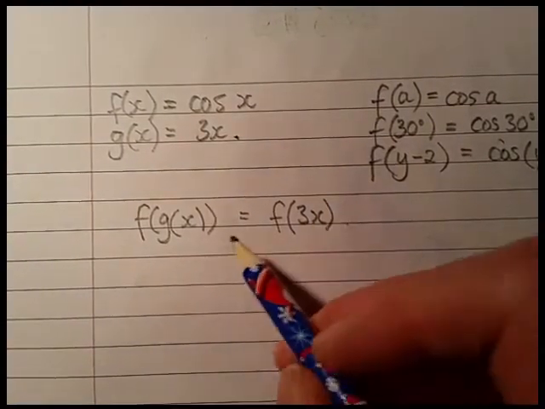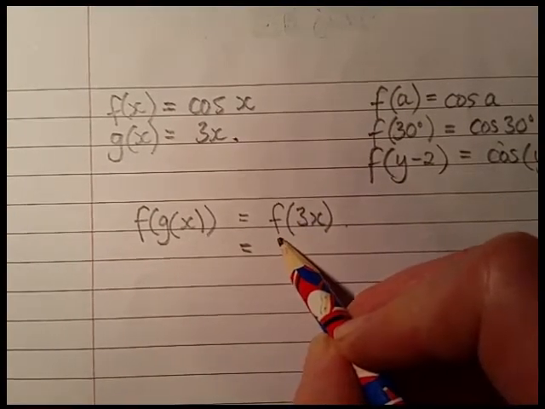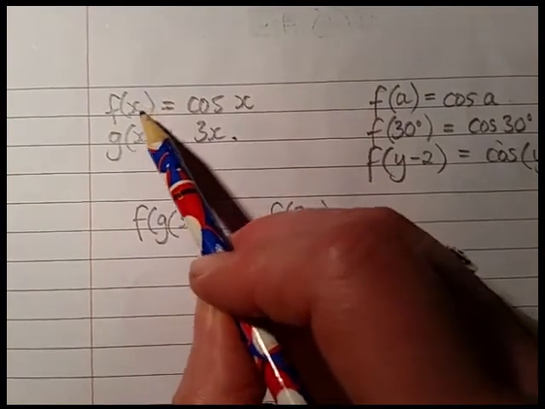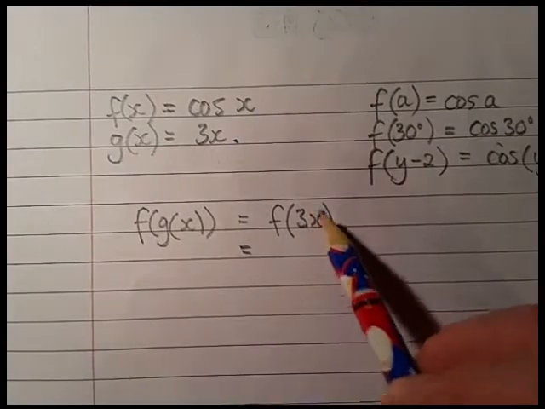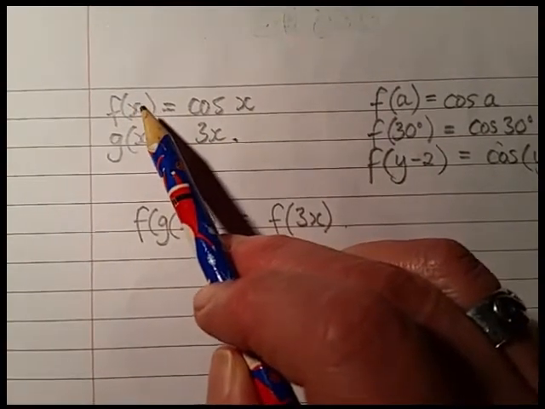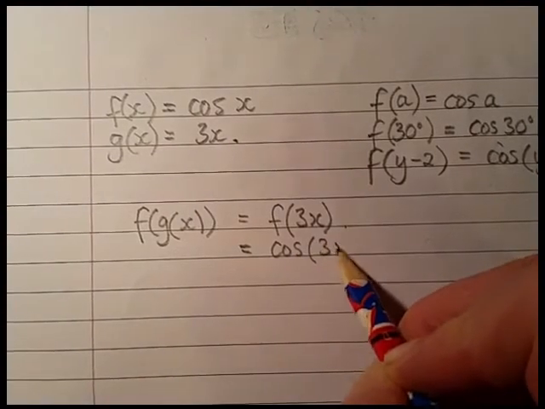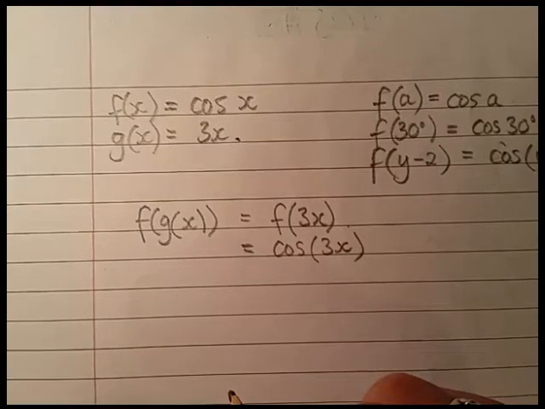So f of 3x, we know what f of something is. It is the cosine of whatever that something is. So we're putting 3x into f of x. So we just take the cosine of 3x. So it is cos 3x.